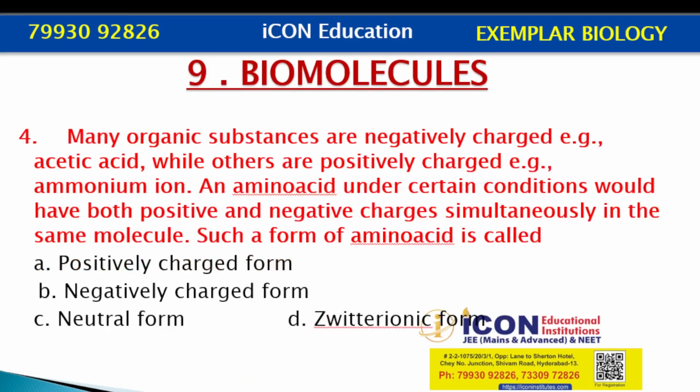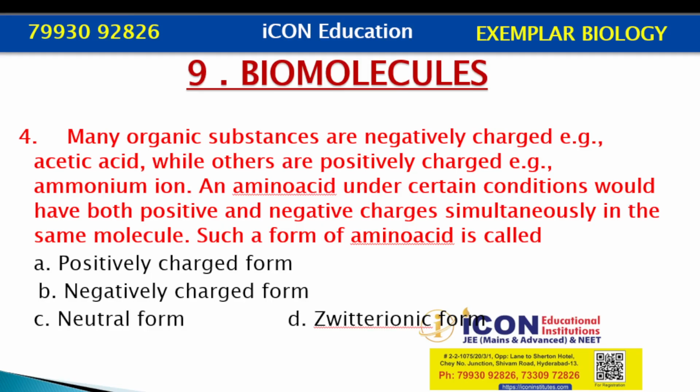Next. Question number 4. Many organic substances are negatively charged, example acetic acid, while others are positively charged, example ammonium ion. An amino acid under certain conditions could have both positive and negative charges simultaneously in the same molecule.